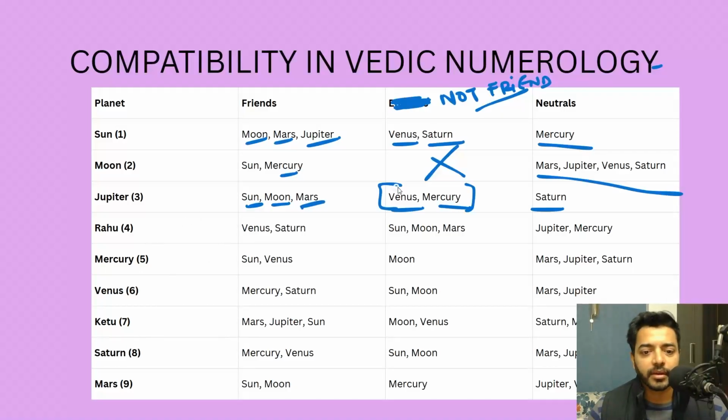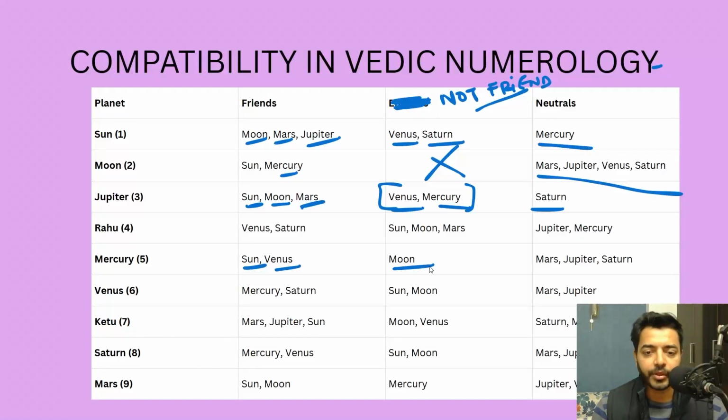Mercury likes Sun, Mercury likes Venus, obviously, and Mercury does not like the Moon, because if your Mercury is strong, you will always be about business and transactions, about intelligence and communication. What is that one thing?